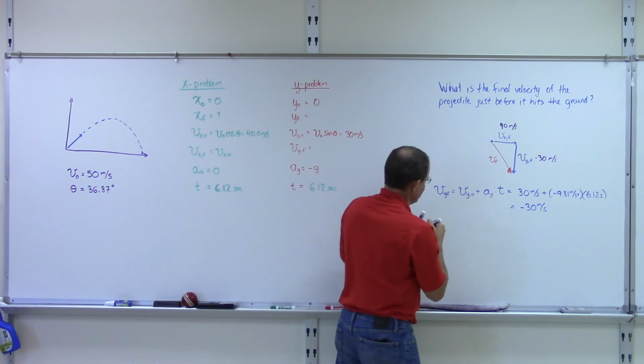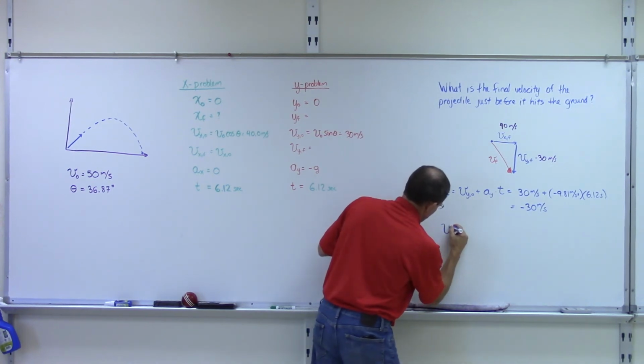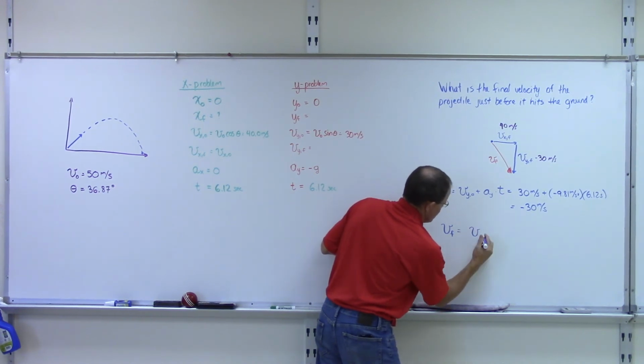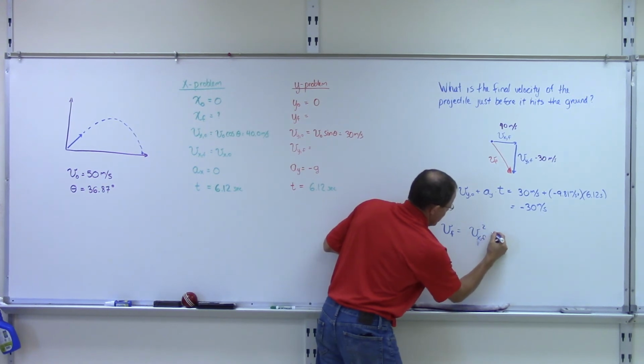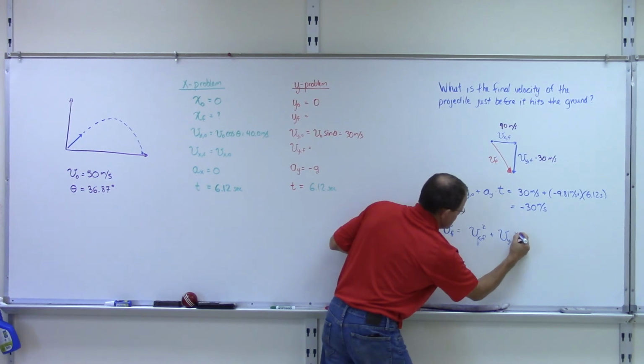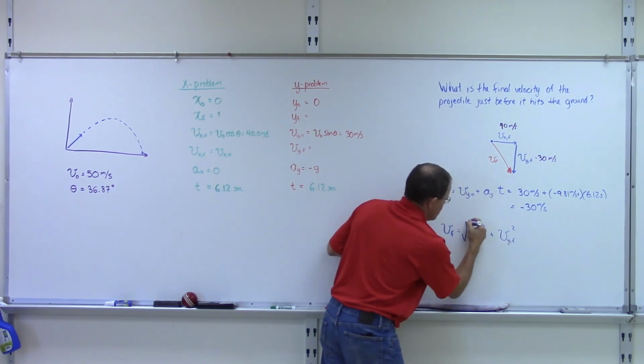And so the final velocity of the projectile will be the final velocity in the x direction squared plus the final velocity in the y direction squared, and then the square root of that.